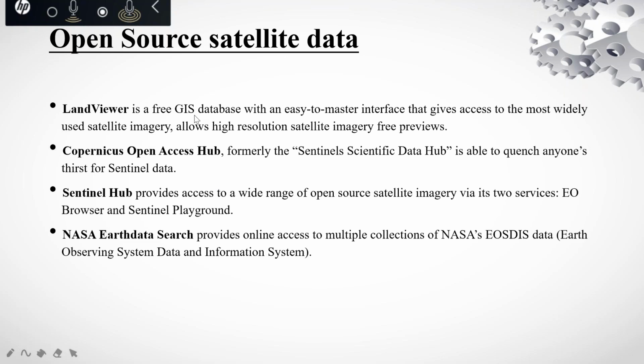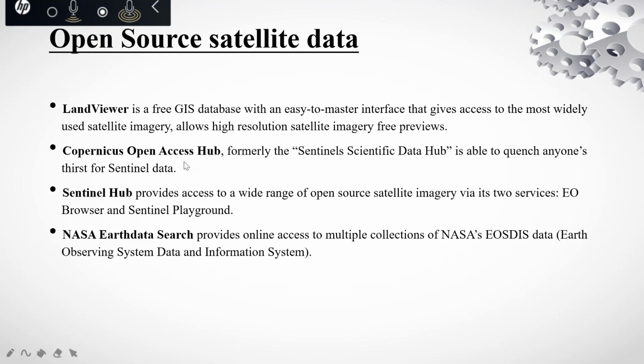This LandViewer is a free GIS database. GIS means geospatial database, with an easy to master interface. Basically, this is an interface which can be used to visualize various data from the satellites. It also allows high resolution satellite imagery free previews.